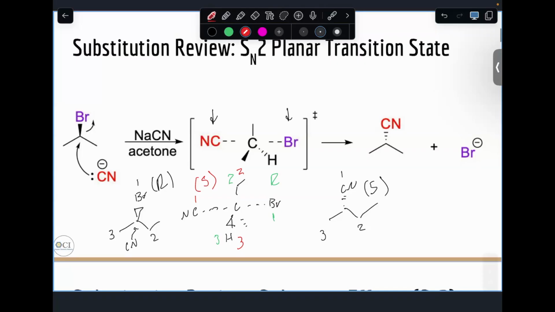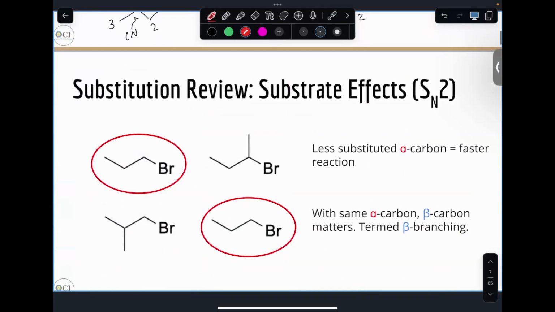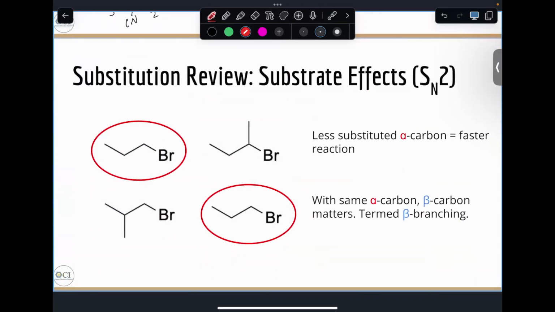Okay. So substrate effects for SN2. The faster reaction is typically the one that is less substituted because we're doing a backside attack. So when we're doing a backside attack, if it's less substituted, it can kind of get in there more easily. It's not really blocked off by stuff. Because if we try to attack this one, it has a bunch of stuff in the way.